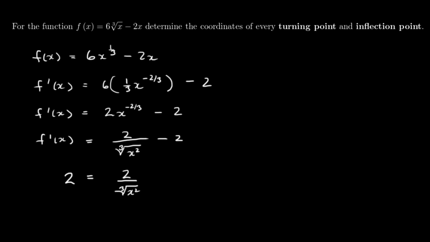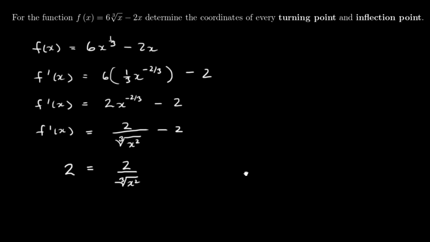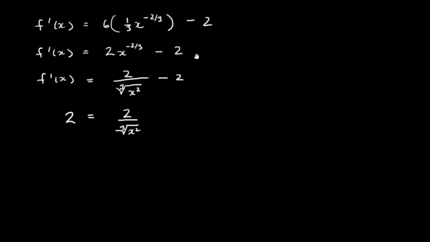Or realizing this term, 2 over the cube root of x squared has to be 2, so 2 minus 2 will be 0. We could do reciprocals there, or just multiply both sides by that cube root of x squared, and that will give me 2 by the cube root of x squared, equaling 2.